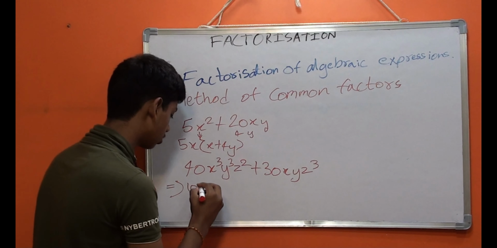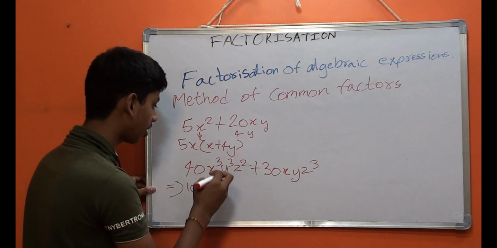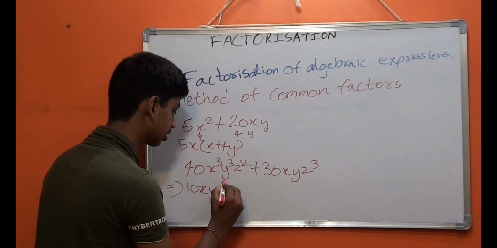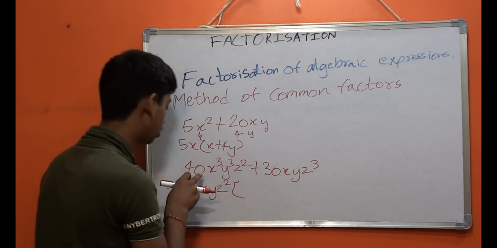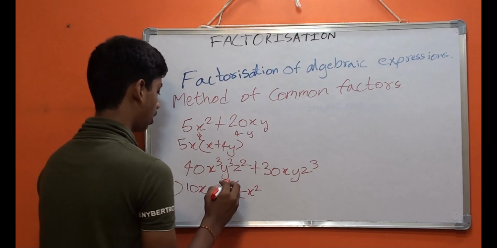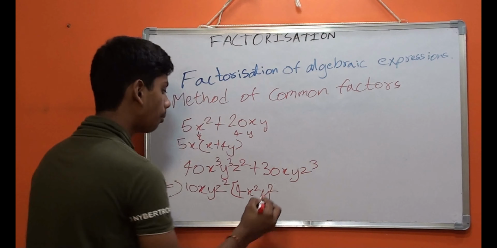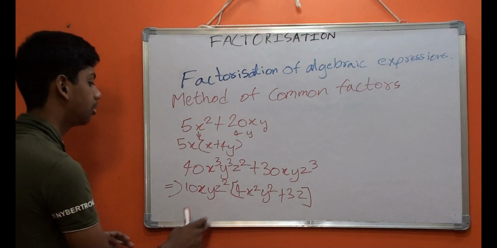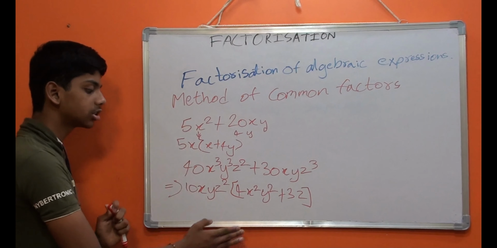So 10, then x and x, so x; y and y, so y; z square and z square, so z square. Now we keep the bracket. Here we would have 4 remaining, x square y square, plus 3z. So this is the simplified version of this one. So hence we have solved this.